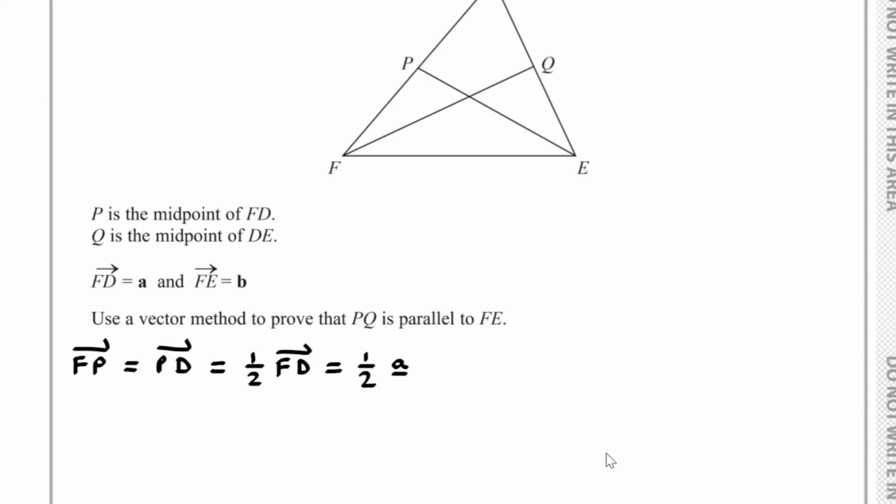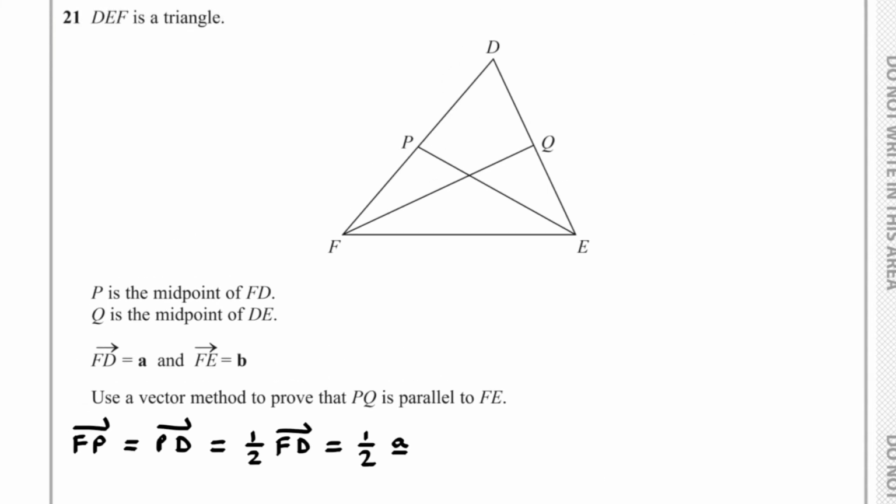So we have a vector here and a vector here, which are both equal to 1/2 A. So those are what we found so far.